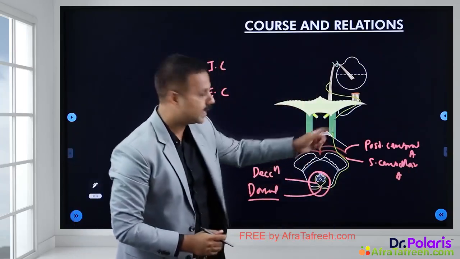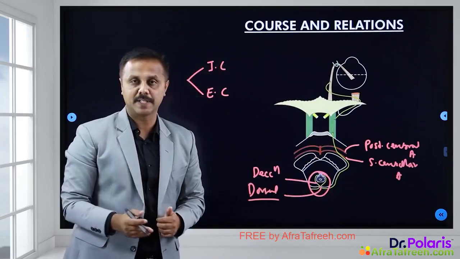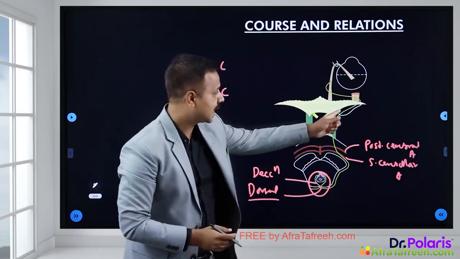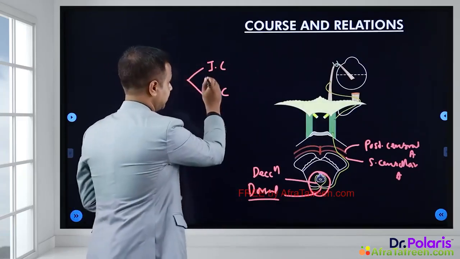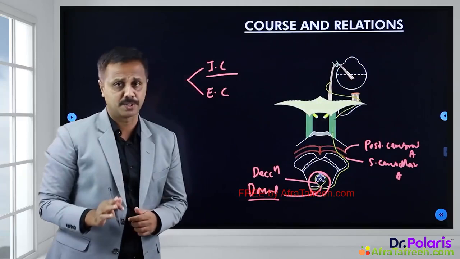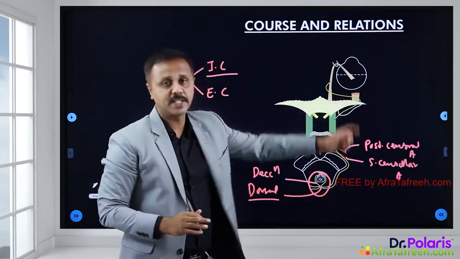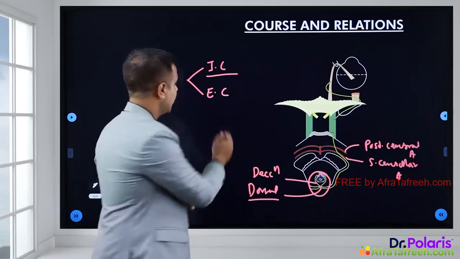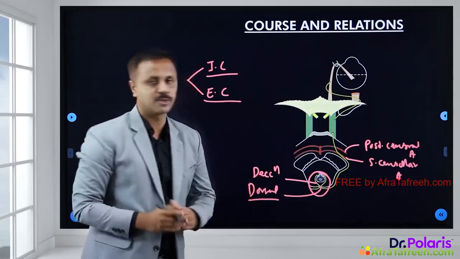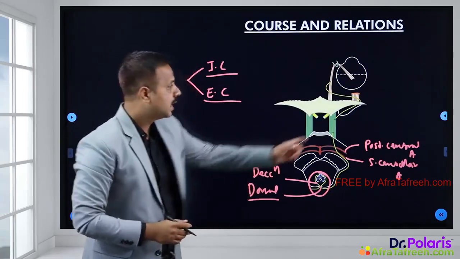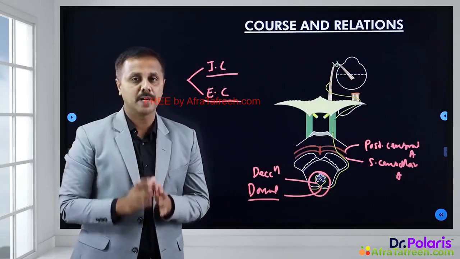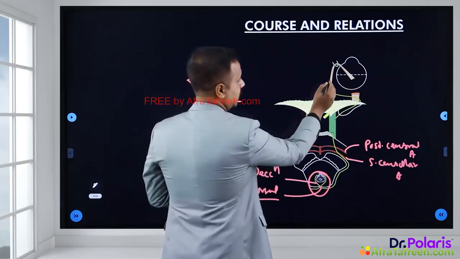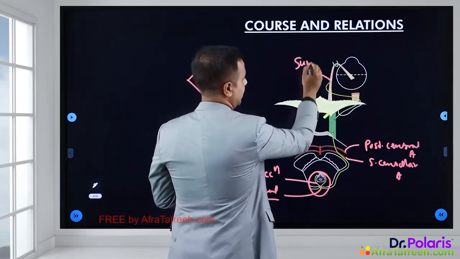After that, it enters and passes through the lateral wall of the cavernous sinus. It leaves the cavernous sinus to enter the superior orbital fissure, which completes its intracranial course. Once it exits the superior orbital fissure, the extracranial course of the trochlear nerve begins. In its extracranial course, the trochlear nerve will supply only one muscle, and that is the superior oblique.